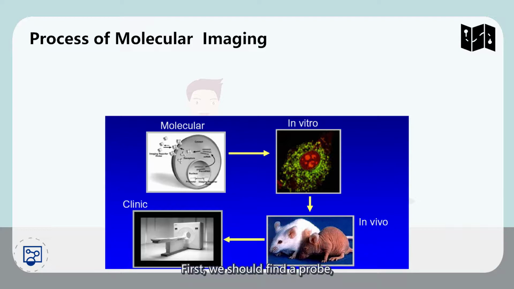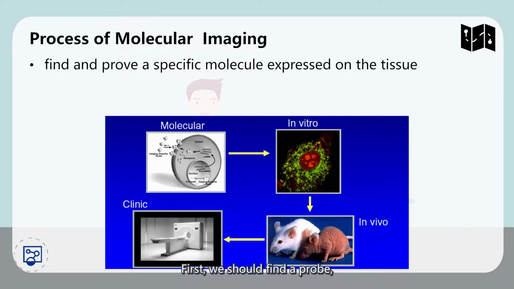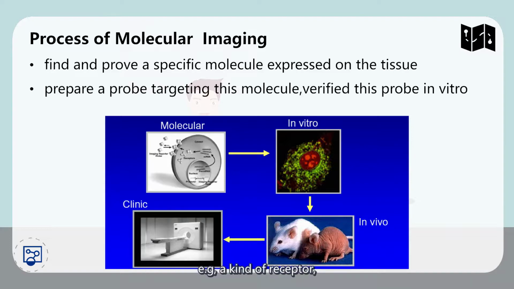First, for molecular imaging, we should identify a specific molecule expressed on the tissue, for example, a kind of receptor. And then we need to prepare a probe targeting this molecule and verify this probe in vitro, usually with a cell line, cell culture in vitro.